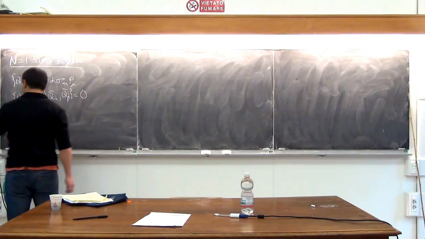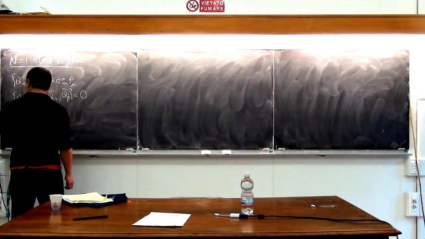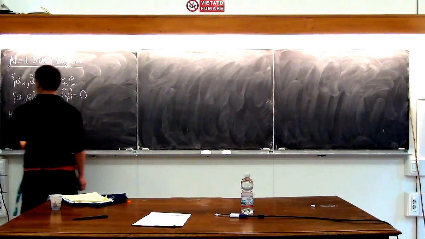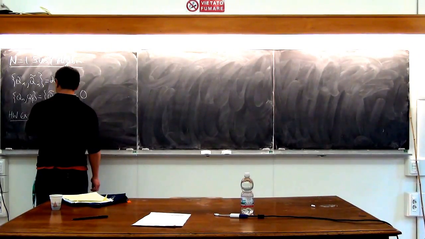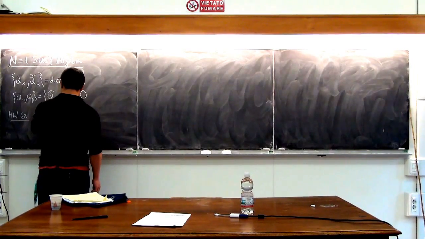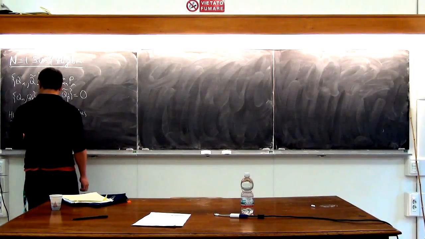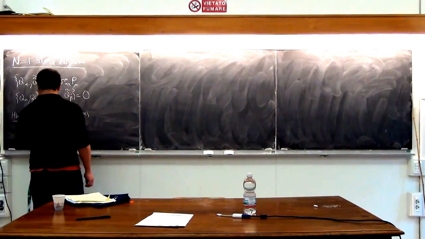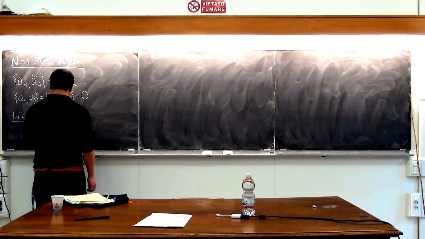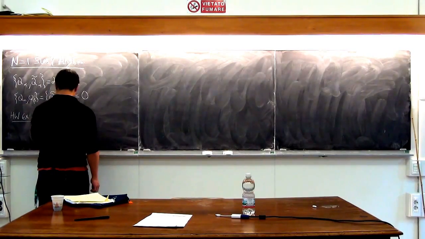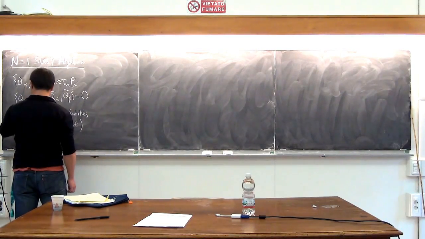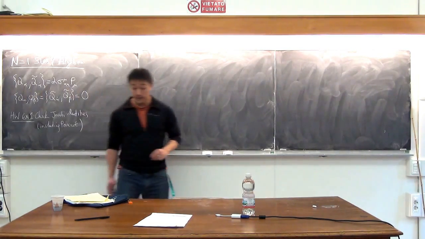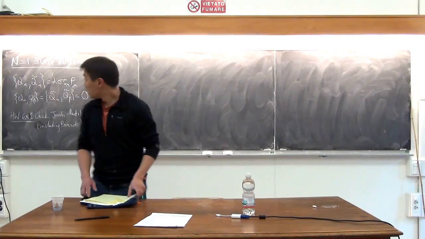And I said that for the homework exercise, you could try to check the Jacobi identities, including the Poincare algebra. Okay, so let that be problem number 1. So that's something you could try at home.